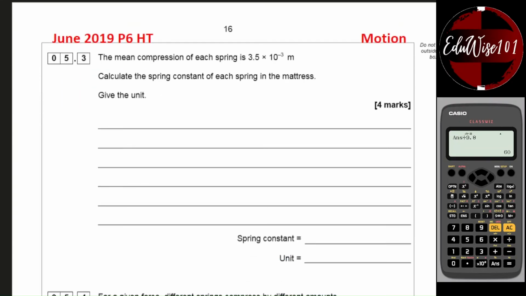Question 5.3. Compression of each spring is 3.5 times 10 to the power minus 3 meters. Calculate the spring constant, which is going to be k, of each spring in the mattress. Give the unit. The equation is force equals the spring constant multiplied by the extension.